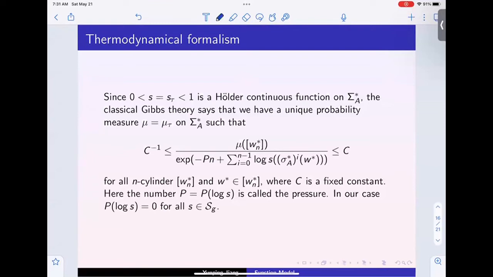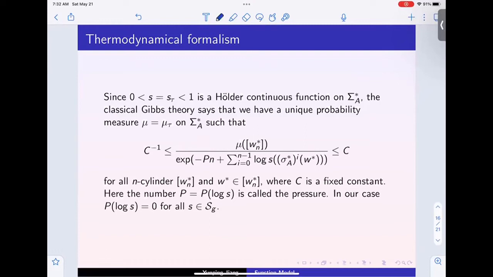Then the classical Gibbs theory says that you have a unique probability measure mu on sigma A such that mu on every cylinder, which is an open set in sigma A, is compatible with the observation of the orbit. You take the log of S, which we call the observation.